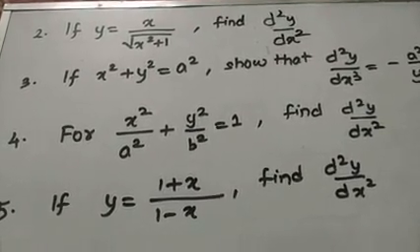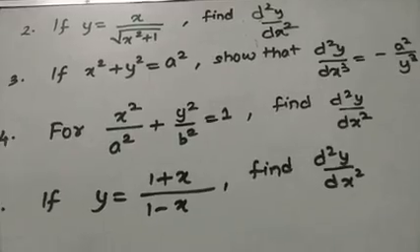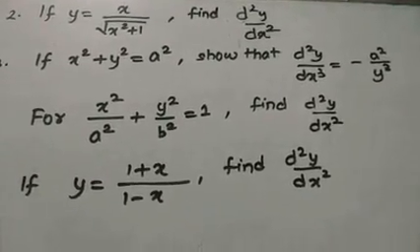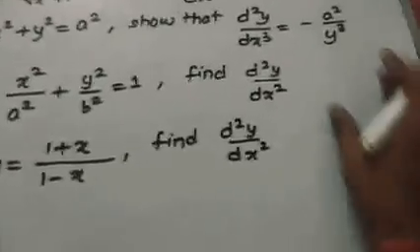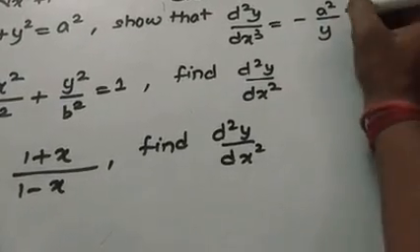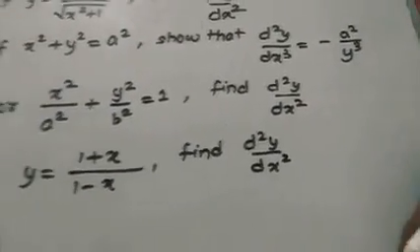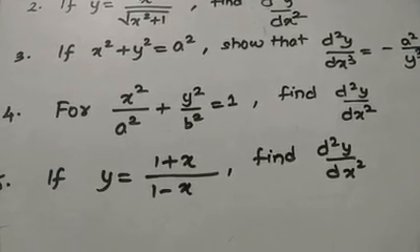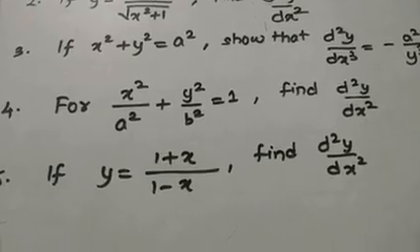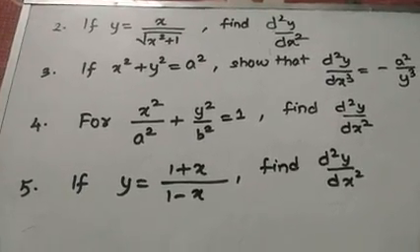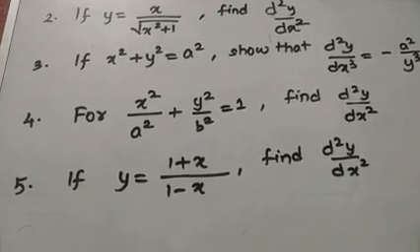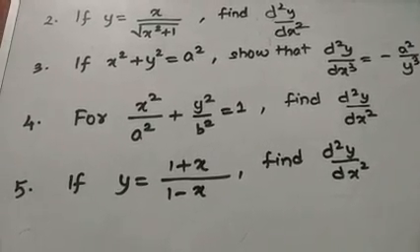Question number 3: if x square plus y square equals a square, then show that d2y/dx2 equals minus a square by y cube. Question number 4: for x square by a square plus y square by b square equals 1, find d2y/dx2. And question number 5: if y equals (1 plus x) by (1 minus x), find d2y/dx2. So these 4 questions are homework for you.